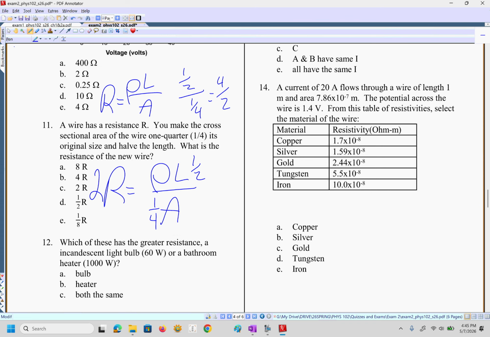Four times as big, right? If I doubled the diameter, that would lead to 4 times the area, because the area is equal to pi r squared. It's proportional to the diameter squared. Is that clear, what I just said? Yeah? Okay. That is on the exam.